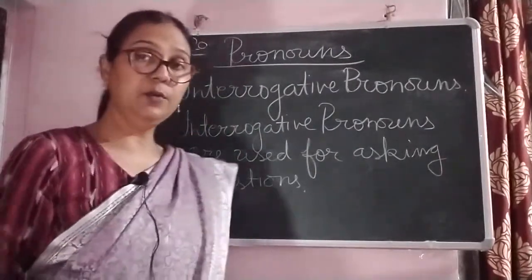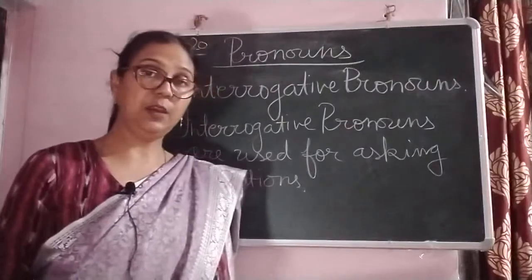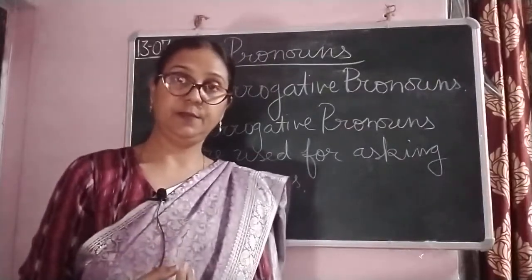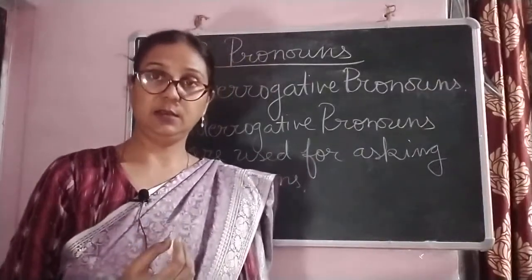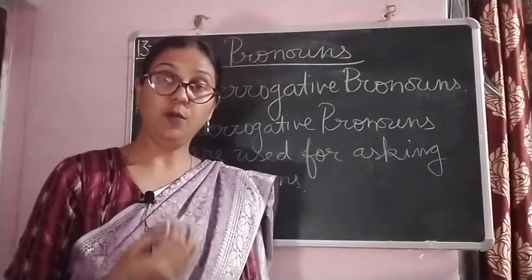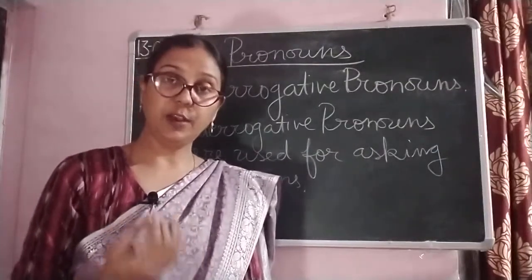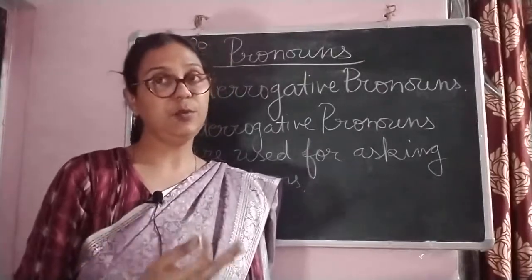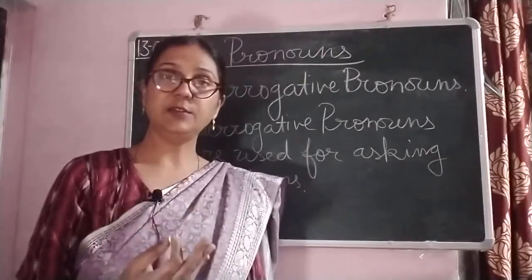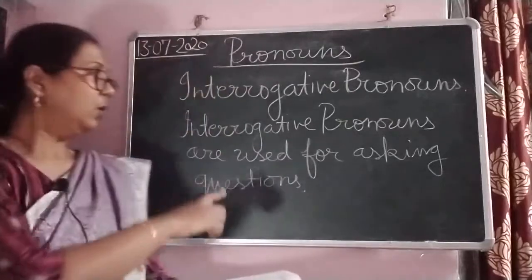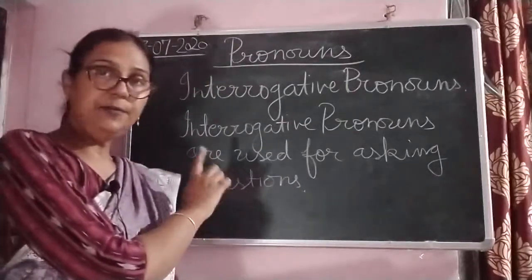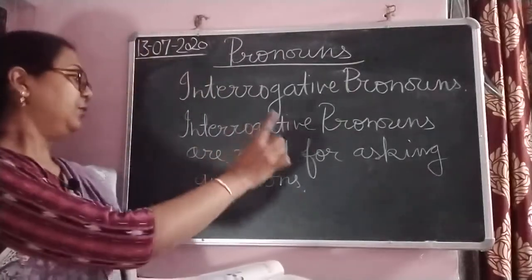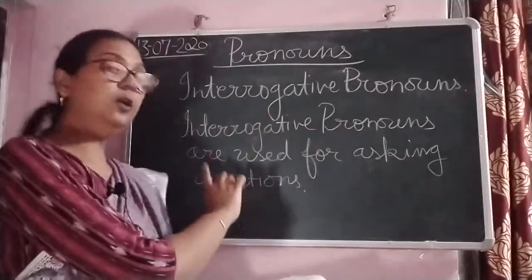So, how many words are there from which we can frame interrogative sentences? For example, what, whose, which, how. These are the words from which we can make interrogative sentences. Now, I am repeating this definition again. Interrogative pronouns are used for asking questions.